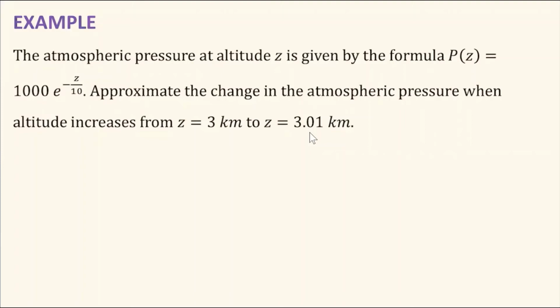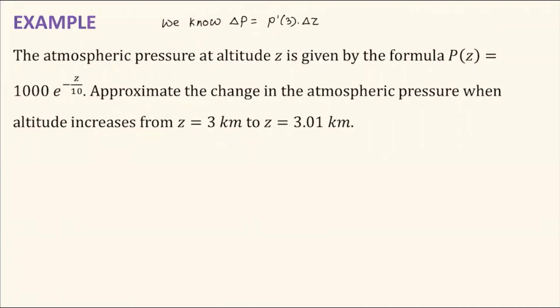So what we know is, to find the change, we have this formula. Let me write here because it is in terms of P and z. The change in atmospheric pressure delta P is equal to the derivative of the pressure at 3 multiplied by delta z.